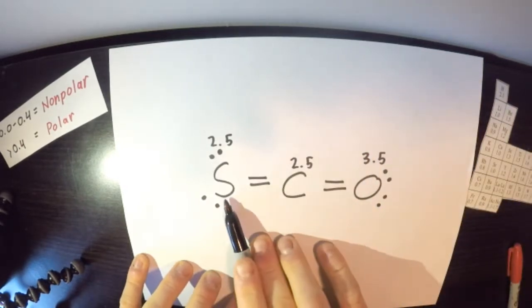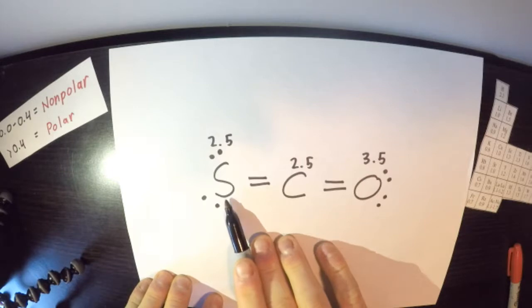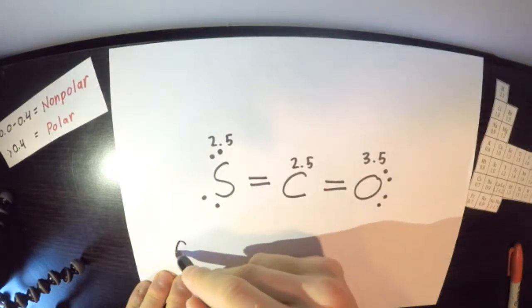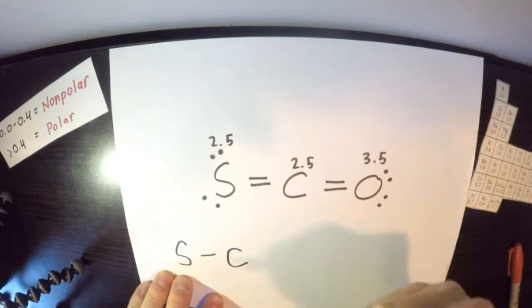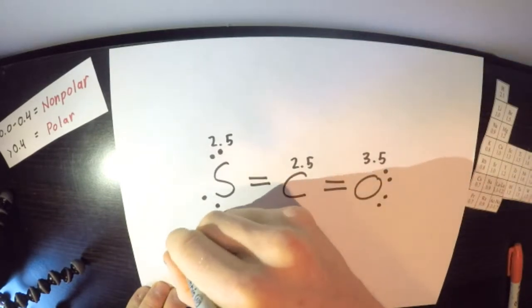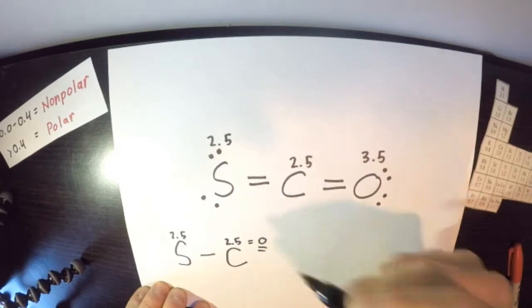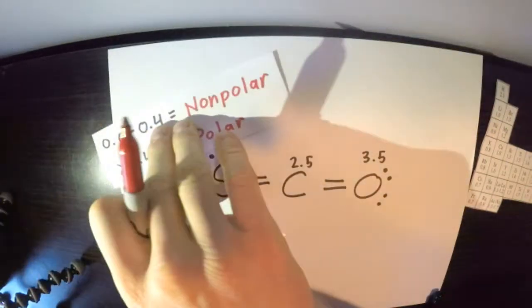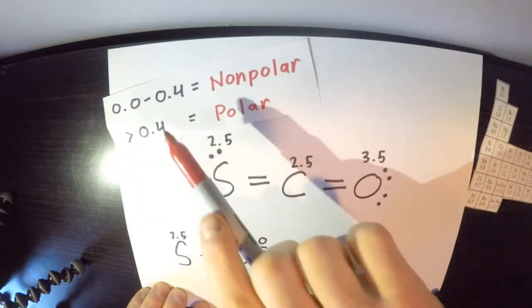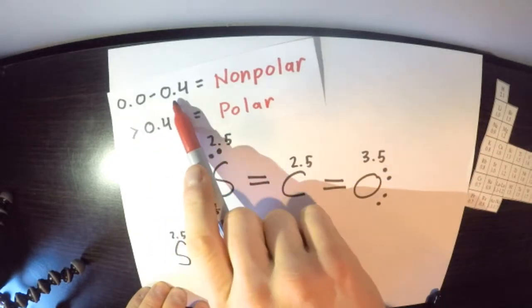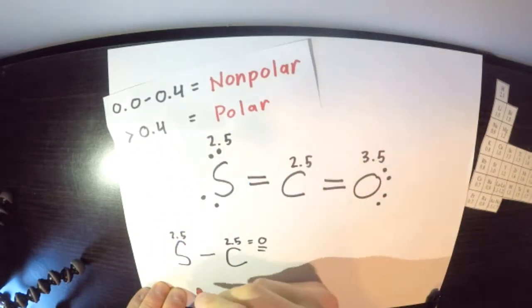So first I want to find the electronegativity difference between sulfur and carbon. Sulfur 2.5, carbon 2.5. The difference here is 0. Okay? So, looking here, if my difference falls between 0 and 0.4, that considers it to be nonpolar.